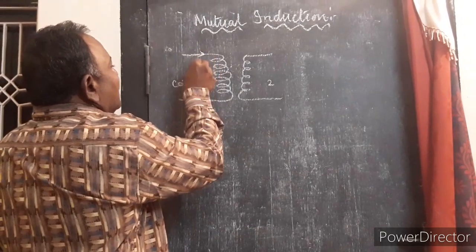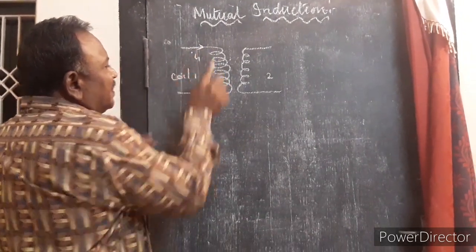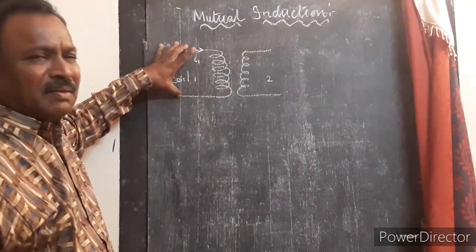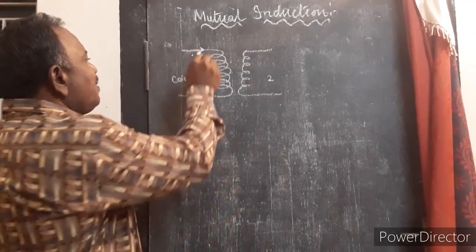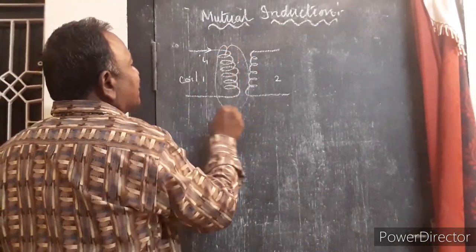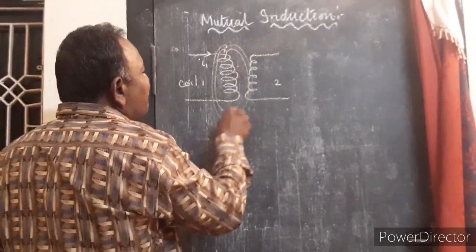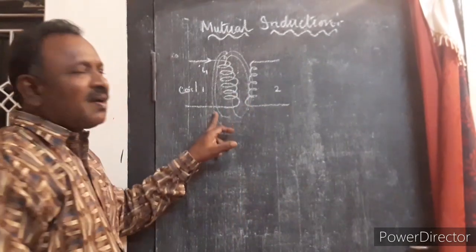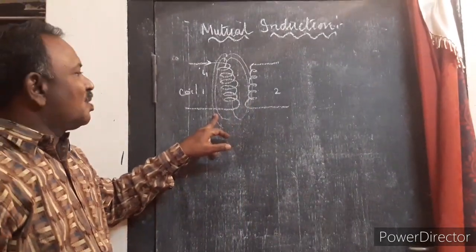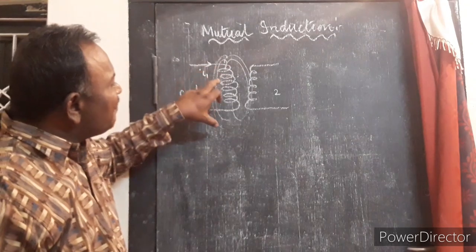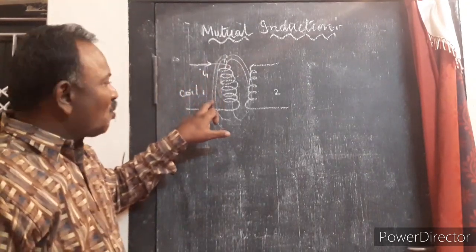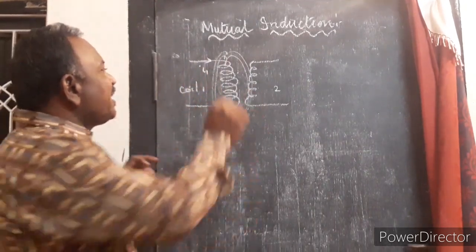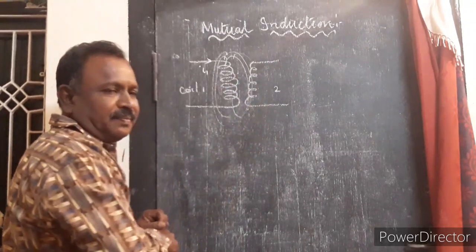Now, current I1 is allowed to flow through coil 1. Due to the flow of current, a magnetic field is produced in the coil. So the magnetic flux produced by coil 1 is also linked with coil 2.